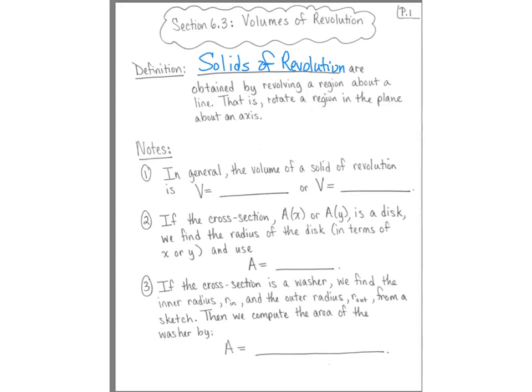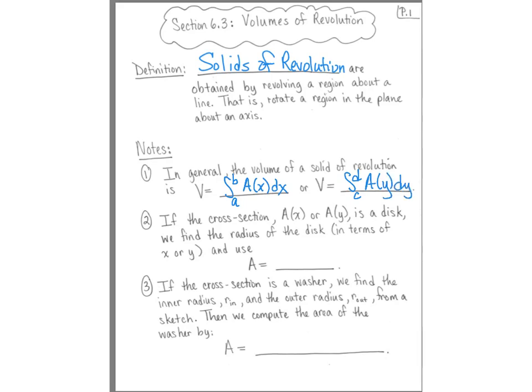So some things to note here. In general, the volume of a solid of revolution is given by V equals the integral from a to b of A of x dx, or it's given by V equals the integral from c to d of A of y dy.